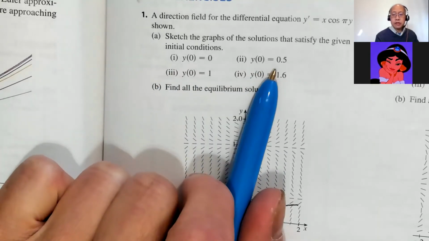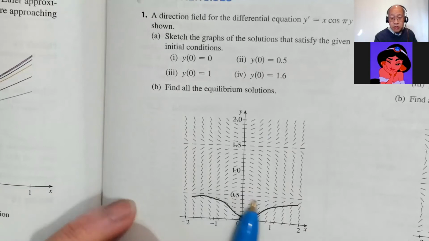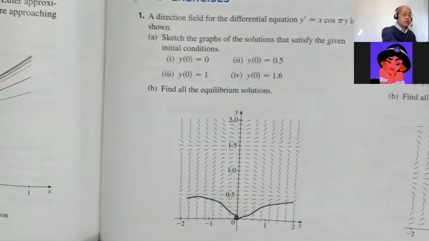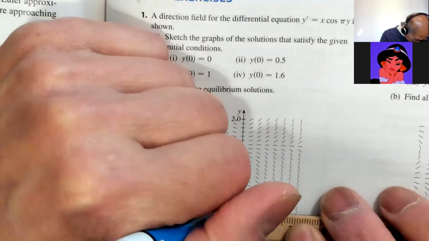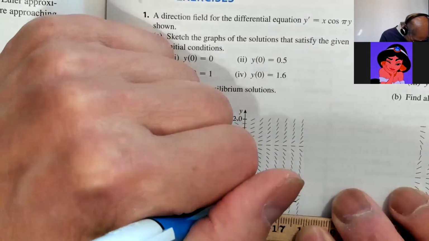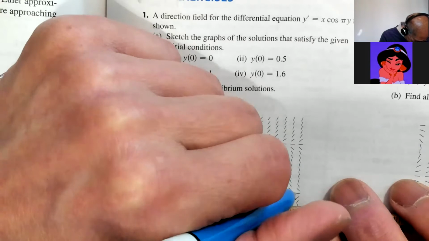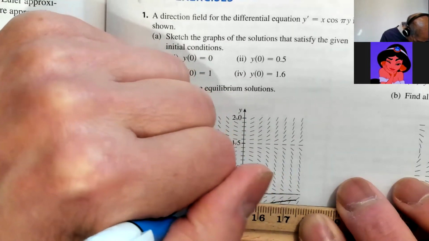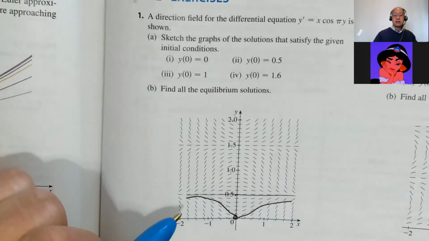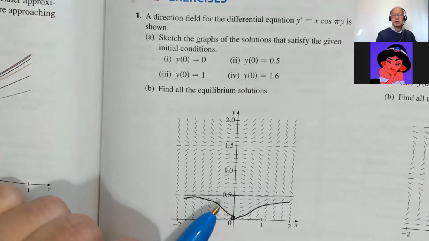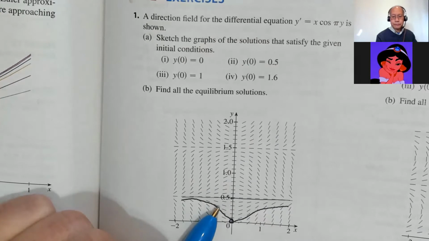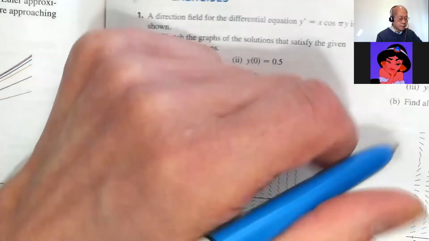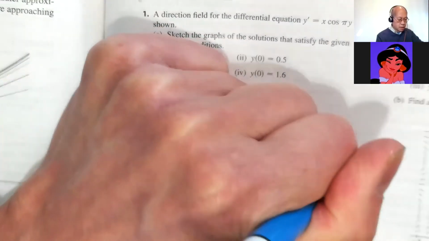y of 0 equals 0.5. Well, it looks like it's just going to be a horizontal line, right? So at 0.5, I'm just going to try to go like this, without missing it too much. Okay. y of 0 is 0.5, straight line. This is sometimes called an equilibrium solution.